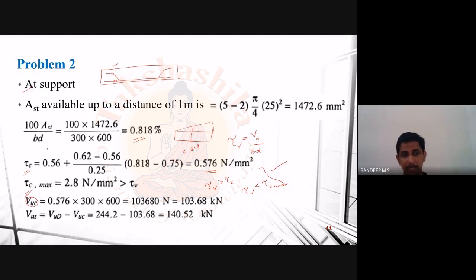That is what we represent by VUC, which is equal to tau C, calculated here as 0.576, multiplied by B into D, and it is coming around 103.68 kilonewtons. And the VUS is equal to the total shear that should be resisted minus the amount of shear force that can be taken up by my concrete section. Please give me a minute.